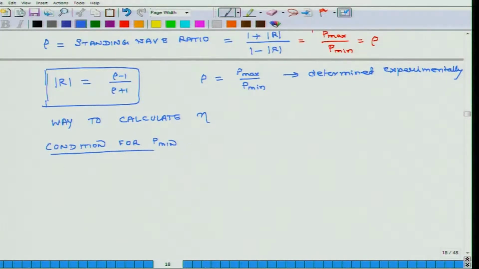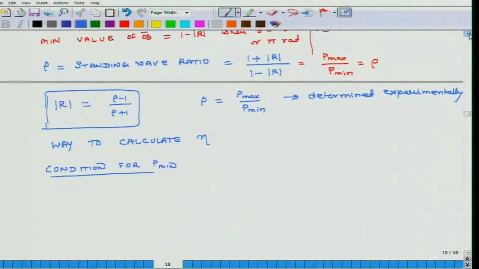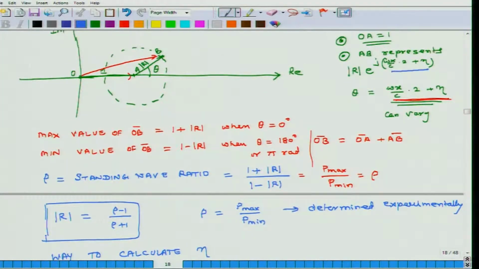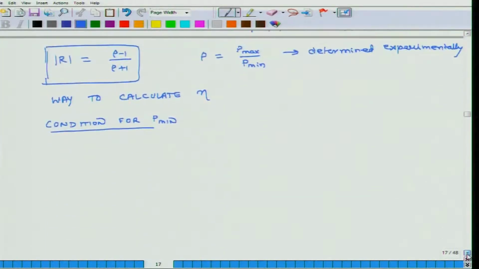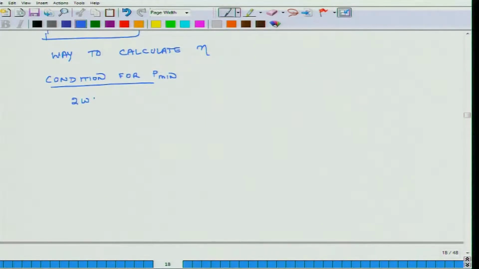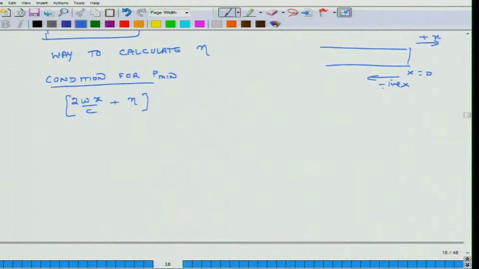The condition for P min will be when this entire term, 2 omega x divided by C plus eta, is at its minimum, and because x is in the negative direction, see, in our tube this is x equal to 0, this is positive x, so this is negative x.